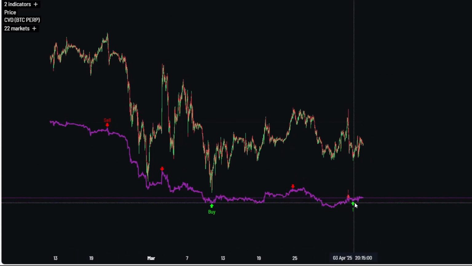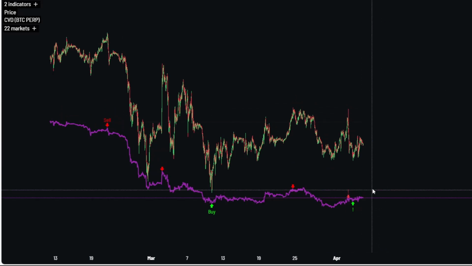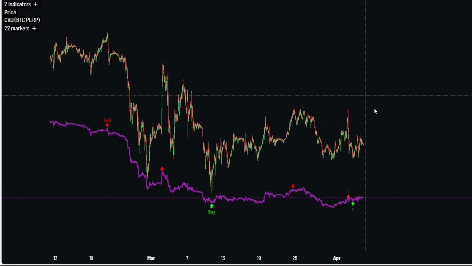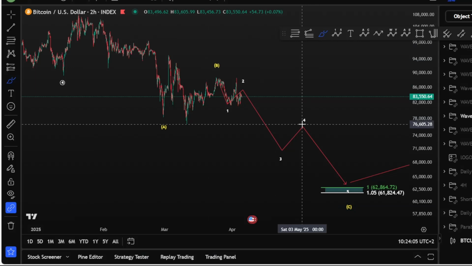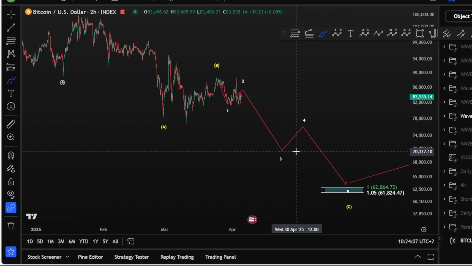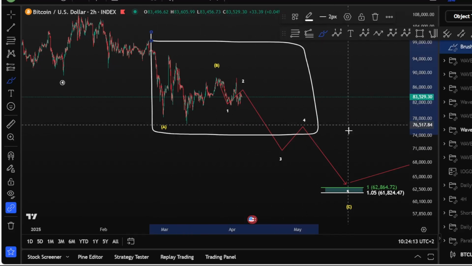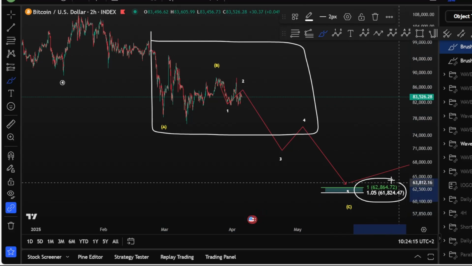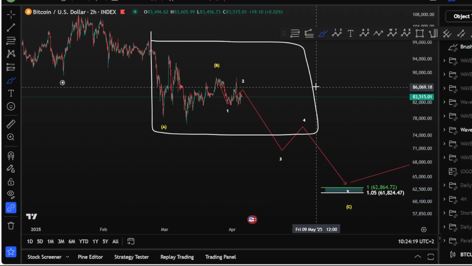Potentially we might go a little bit higher, only to break the CVD line a little bit and then start to move very massively toward the downside. Don't forget that we are in a bear market, and whatever is going to happen in this area is still going to reverse toward the downside around the 62-64K for a wave C sooner or later.